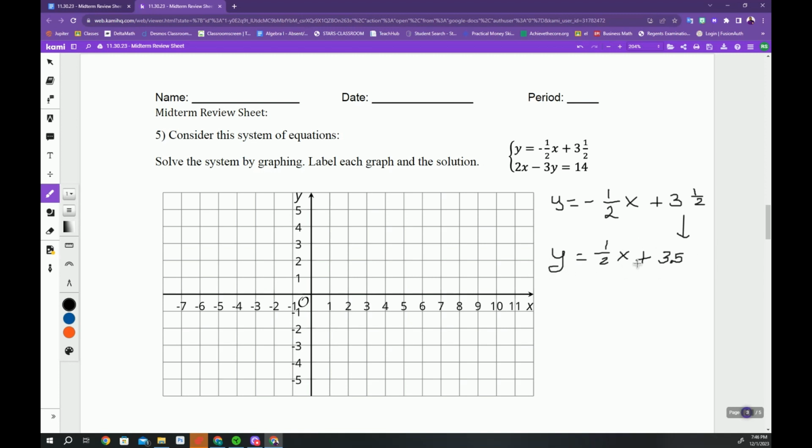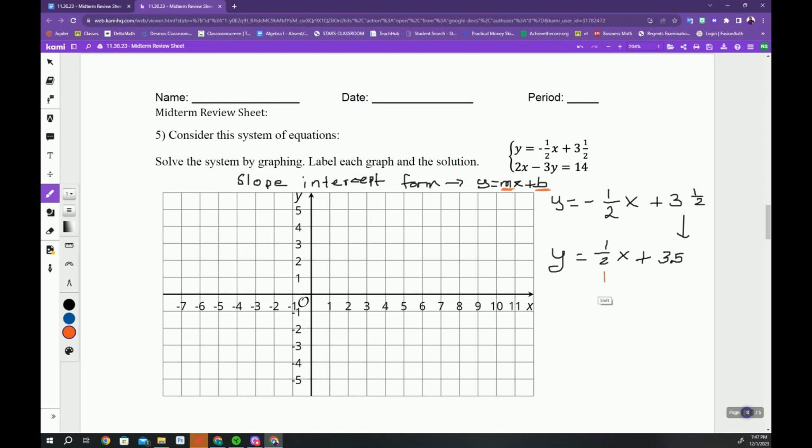Now, if you recognize this, this here is in slope-intercept form. That is y equals mx plus b, where m represents our slope and b is our y-intercept.